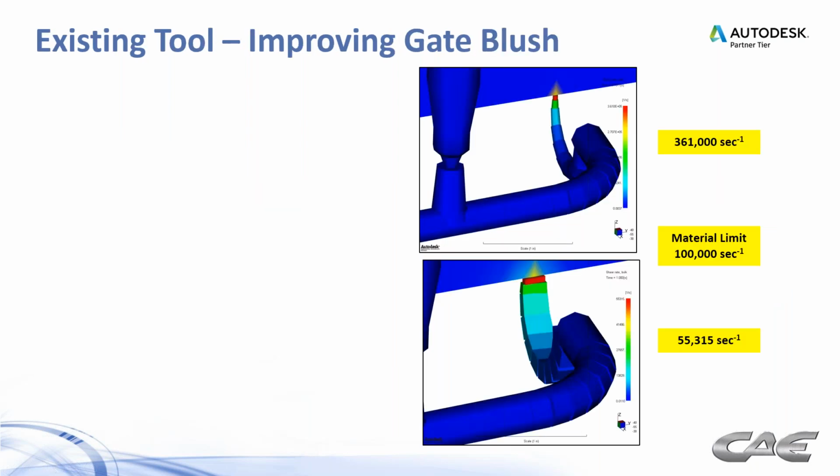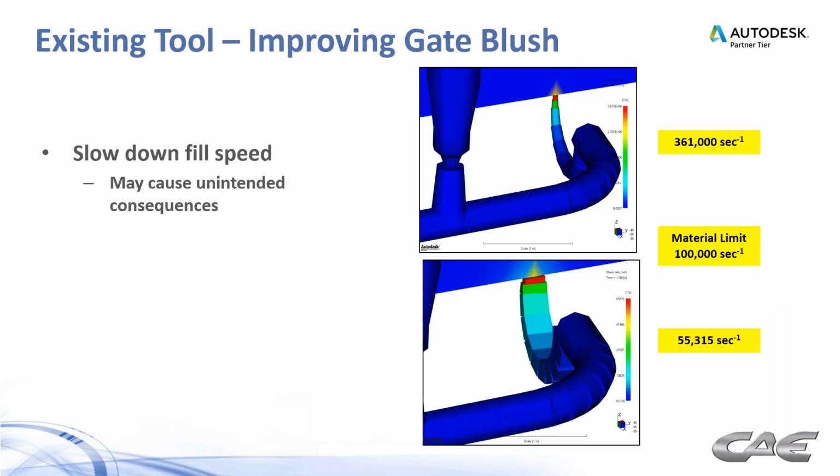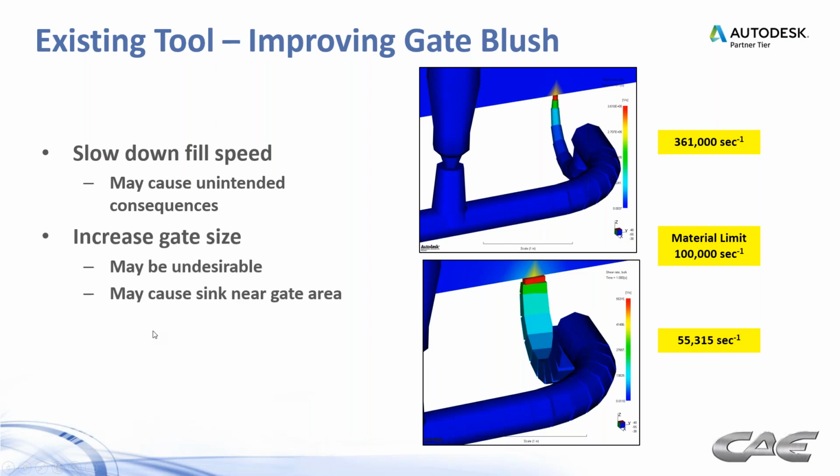Here's just a quick example of changing gate size. You could slow down the fill speed. Again, that could cause some unintended consequences. It's great through the gate, but maybe elsewhere it's causing problems. It's typically best to increase the gate size. That may or may not be undesirable from an aesthetic standpoint if it's leaving a large gate vestige, or perhaps now you're putting yourself in a situation where you have to trim gates.